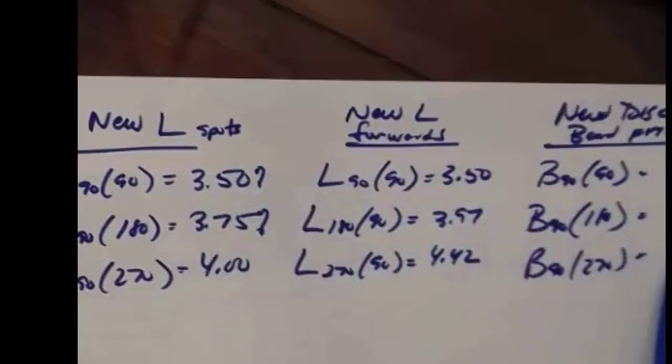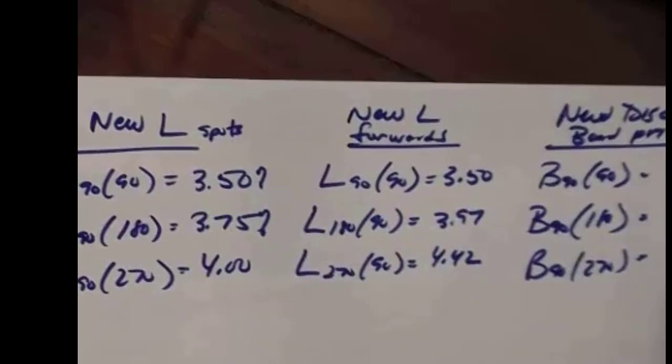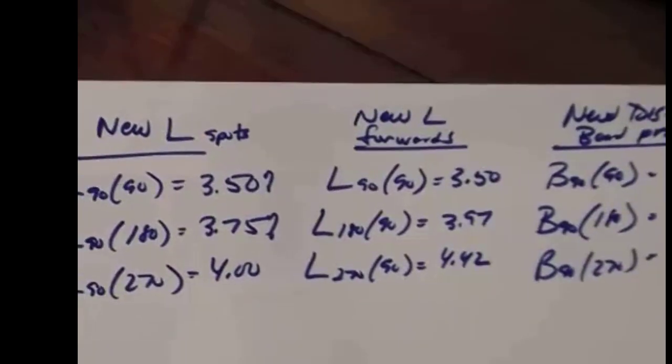Then I'll show you how to calculate the new discount bond prices. That'll fall out of the calculations. Now this will be interesting because we're going to get down to the nitty gritty of calculating swap values.